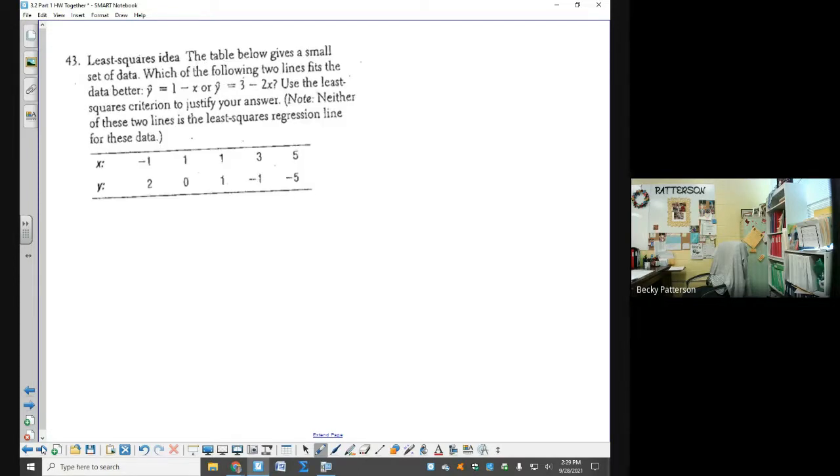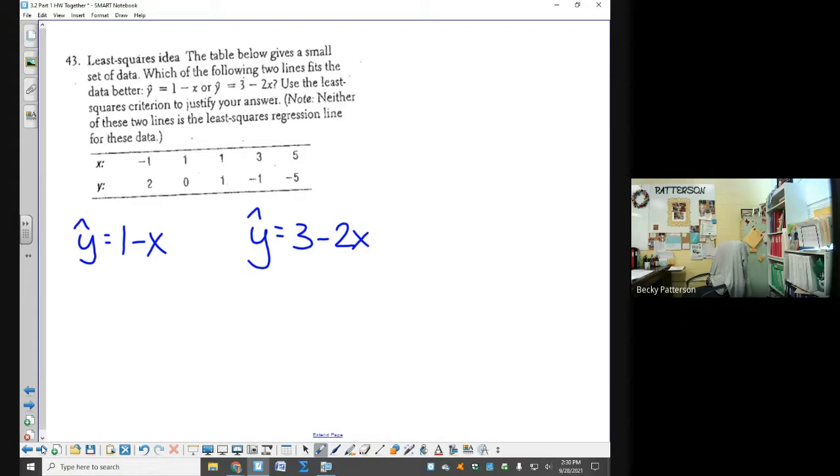All right, 43. Oh, this is a good one, I think. Least squares idea. The table below gives a small set of data. Which of the following 2 lines fit the data better? We have y hat equals 1 minus x, or y hat equals 3 minus 2x.